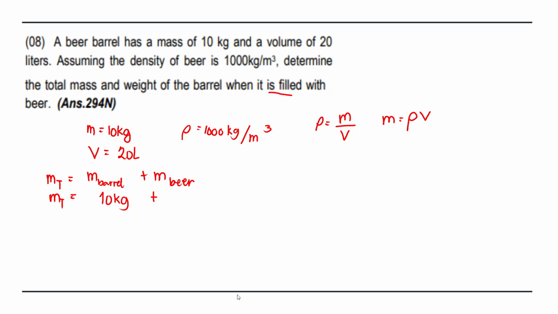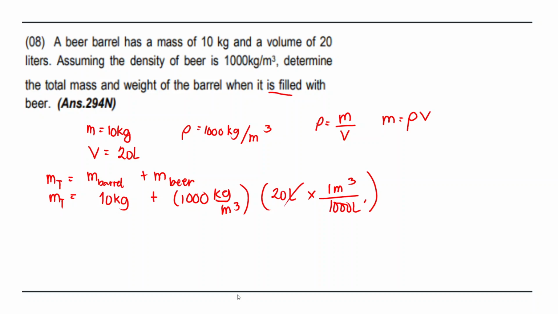So, napuno. Okay? So, density of the beer which is 1000 kilogram per meter cube times the volume of 20 liters, convert natin siya ng meter cube. 1 meter cube is 1,000 liters.